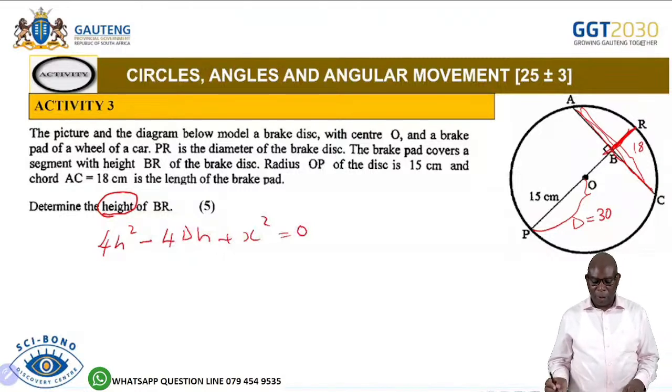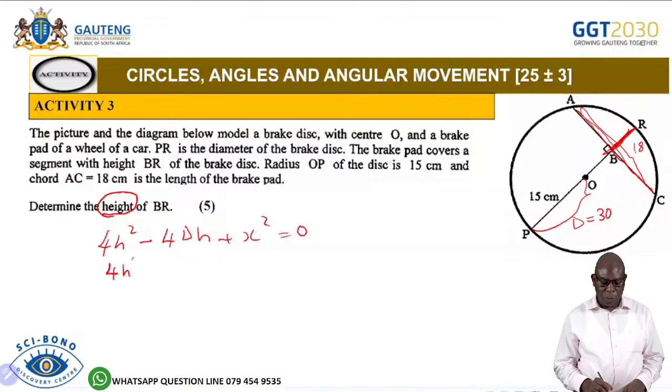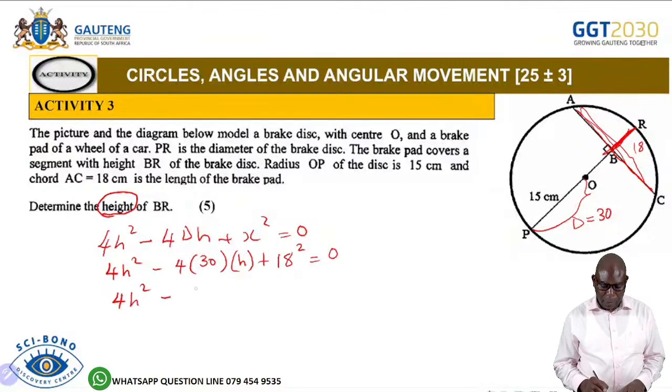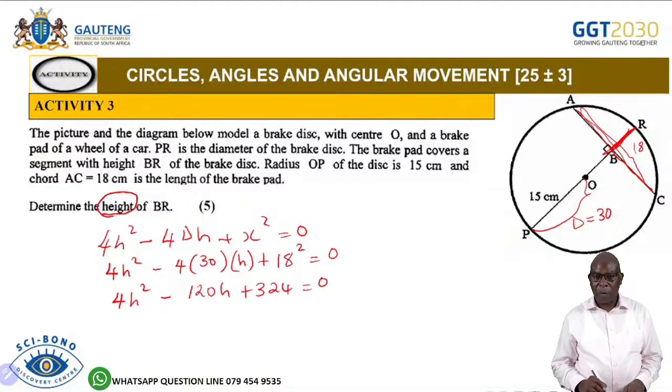Then the h I don't have, so I'll have 4h squared. The diameter I have is 30. The height I don't have. X squared I have is 18 squared equals 0. Then I'm going to write it properly there. Then I'm going to get 120h plus 324 equals 0. Then I use a quadratic formula.